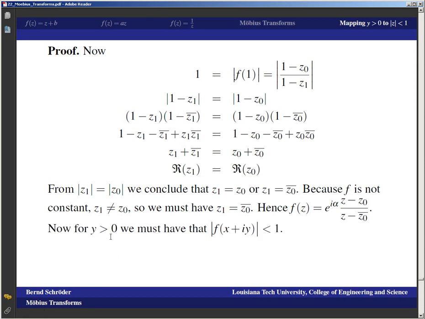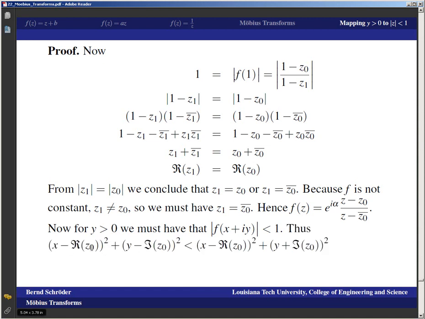And for y greater than 0, we must have that the image of f of x plus iy for any x has absolute value smaller than 1. And that means that x minus real part of z0 plus y minus imaginary part of z0, both squared, that's the square of the numerator, must be smaller than x minus real part of z0 squared plus y plus imaginary part of z0 quantity squared, which is the square of the absolute value of the denominator.